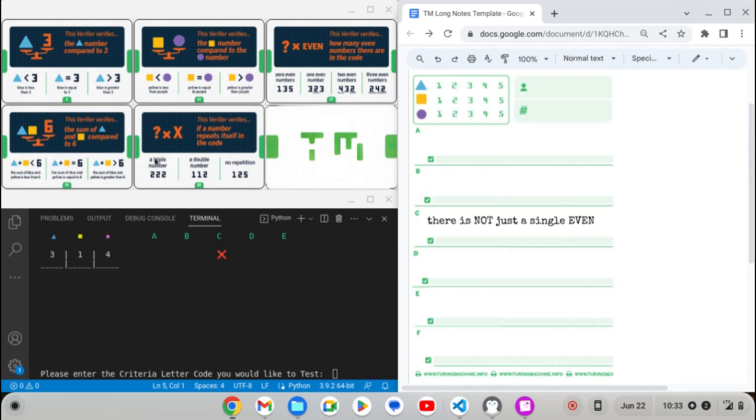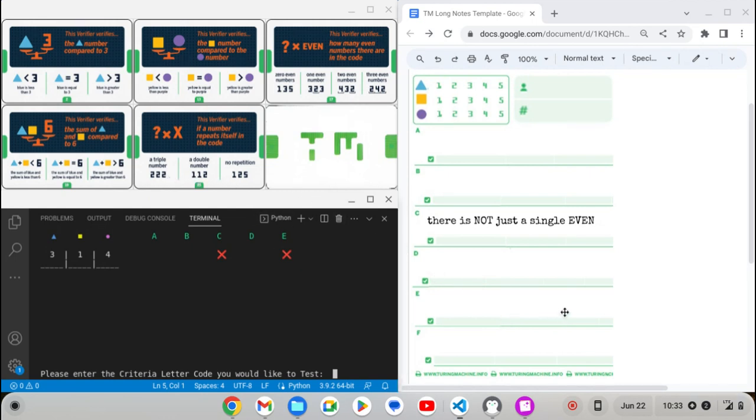The next thing I want to test is what criteria E will tell me about my proposal. So I'm going to test criteria card E. And again, the Turing Machine does not approve of my proposal. Notice that I do have 3, 1, 4. They are all unique, no repetition. So either it's a double number or a triple number.